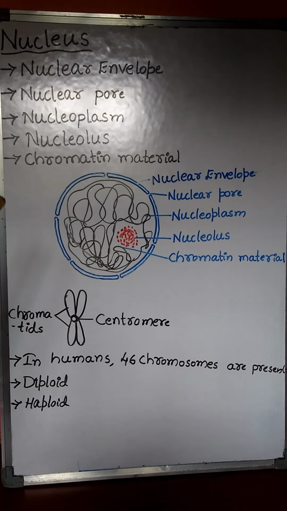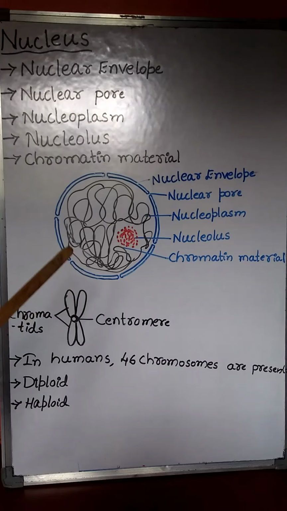Usually, single nucleus is present in most of the cells. Means single nucleus is present in single cell. But rarely some cells may have more than one nucleus. Red blood cells lack nuclei at their maturity.